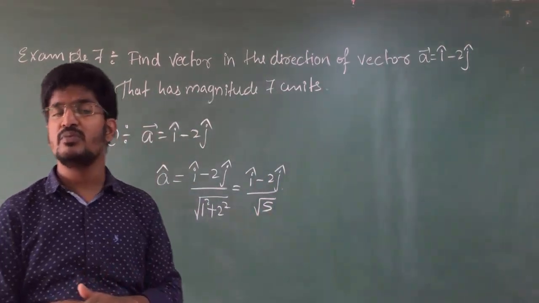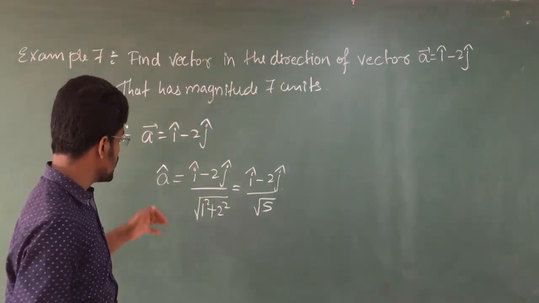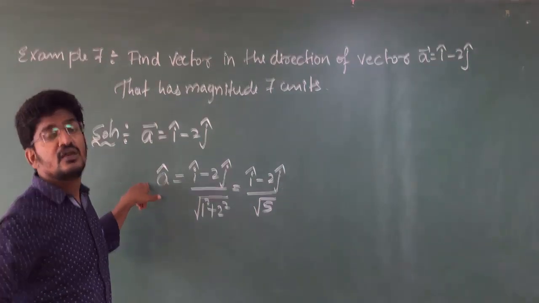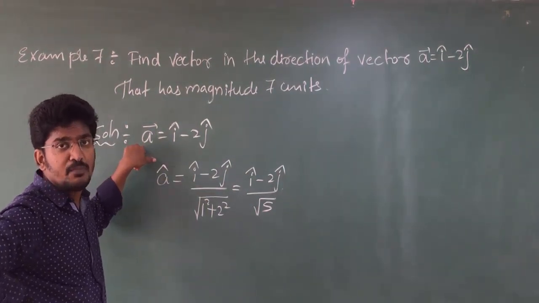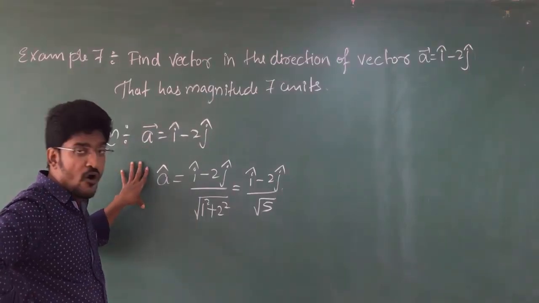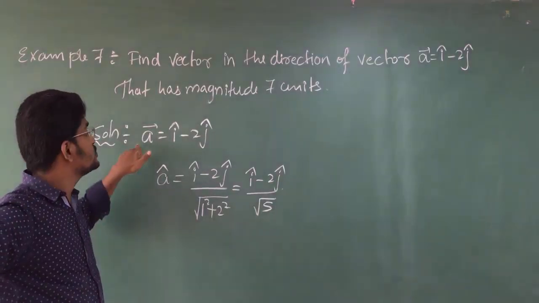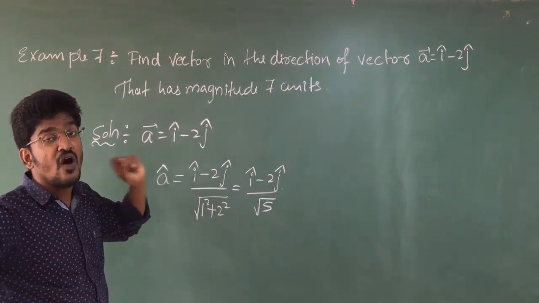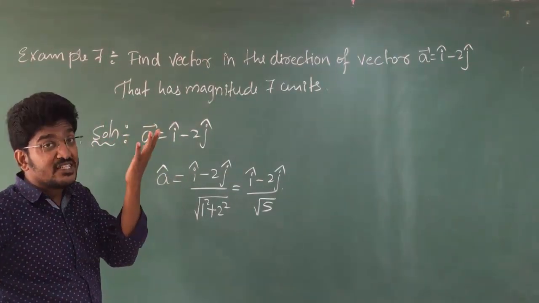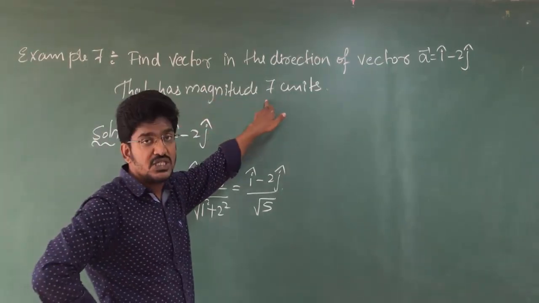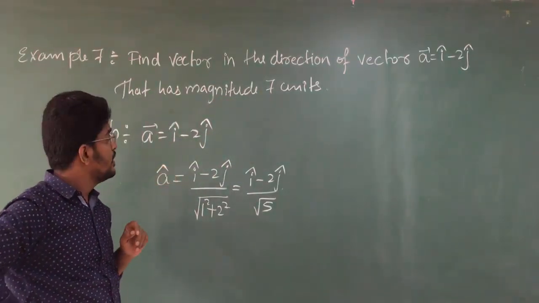See, here our problem is not yet solved. Now we have solved the unit vector in the direction of vector A. Are you getting my point? We have solved the unit vector in the direction of vector A, but they are not asking for the unit vector. They are asking for the new vector with 7 units. Clear? No problem.